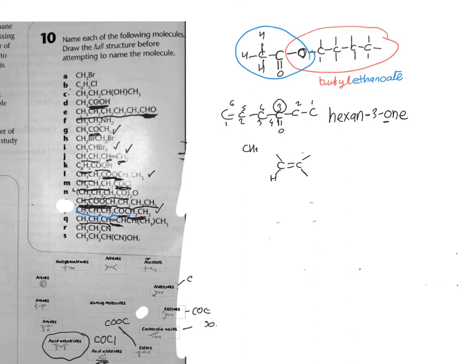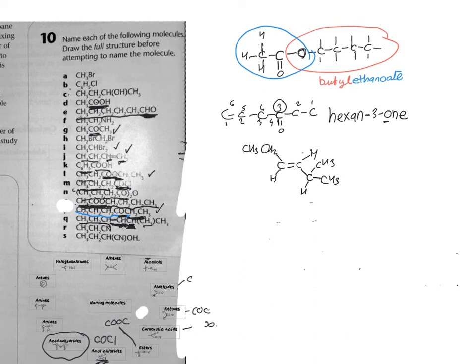So CH3, CH2, and then there's our CH. And on the other side of the double bond, we've got an interesting scenario here. We've got a CH, which is the carbon that's joined to there. And then on the other side, we've got a carbon, a hydrogen, but in brackets, we've got 2 CH3 groups.